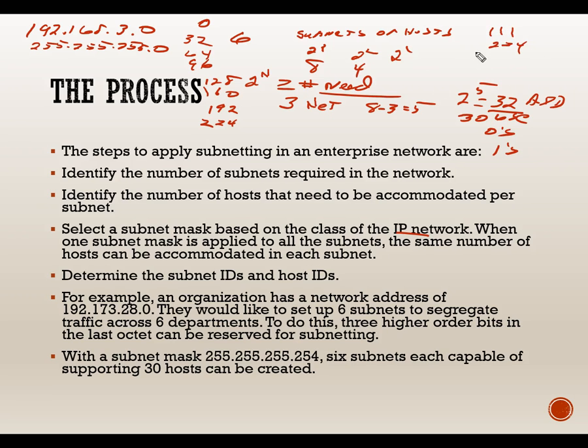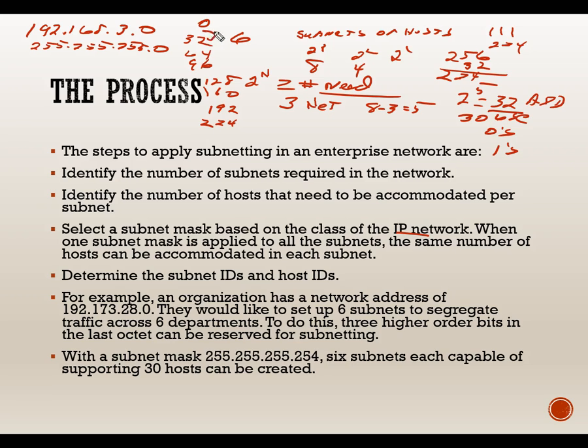The little trick is if we take 256 and subtract the increment, in this case 32, we get 224, which is going to be the subnet mask. So when we subnetted, each of these network addresses would have 255.255.255.224 for the subnet mask. The broadcast address would be one less than the next network address.